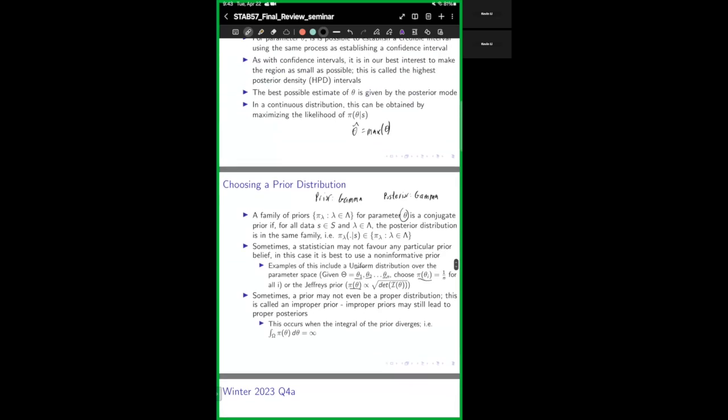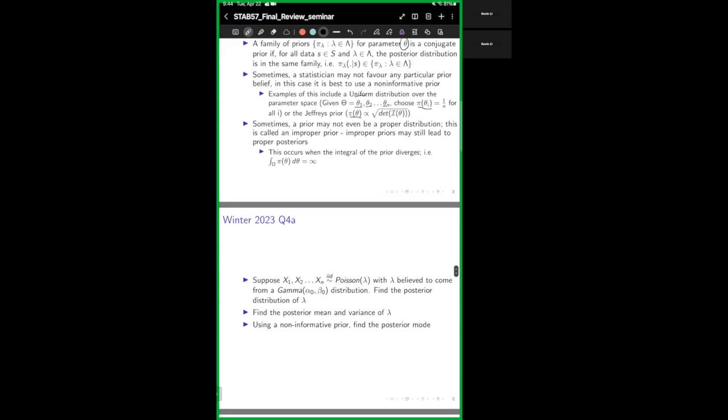This is what we call an improper prior. However, improper priors may still lead to proper posteriors. For example, this occurs when the integral of the prior diverges, i.e. the integral over the prior space of the prior d theta is equal to infinity. So the prior is not a proper probability distribution. This may still lead to a proper, finite posterior distribution.